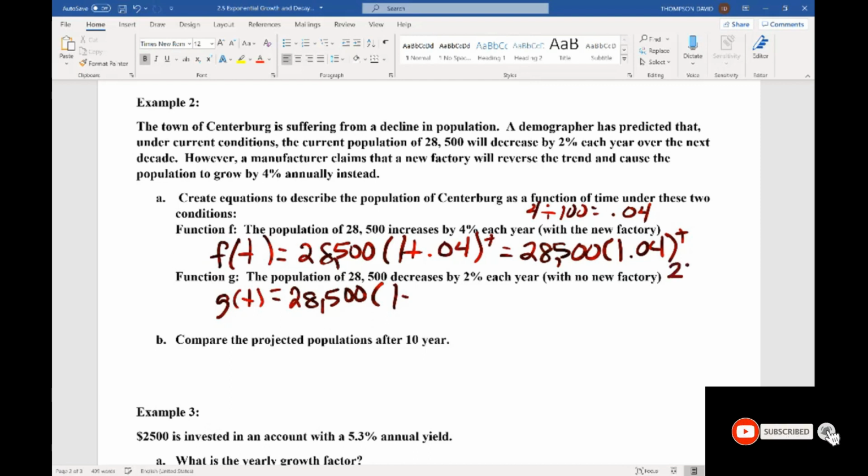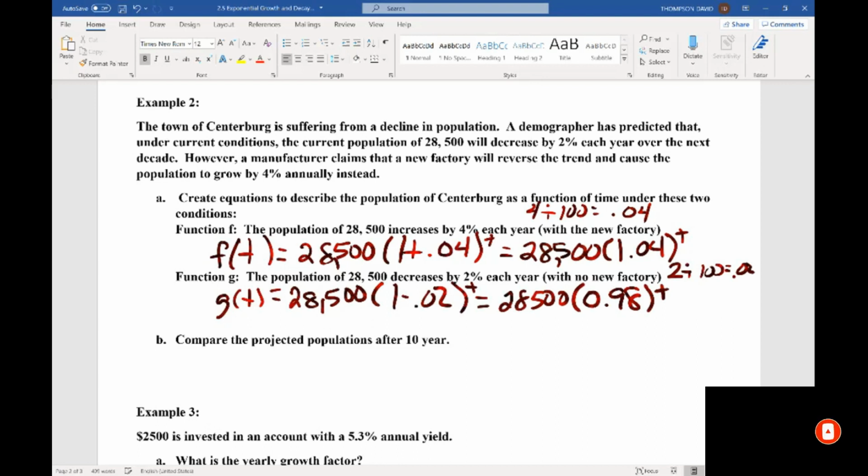We're going to do 2 divided by 100 to get 0.02. So 1 minus 0.02, since we're decreasing, raised to a t, is going to give me 28,500 times 0.98 raised to a t.